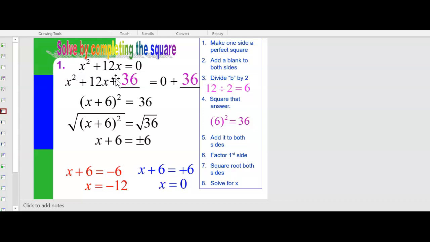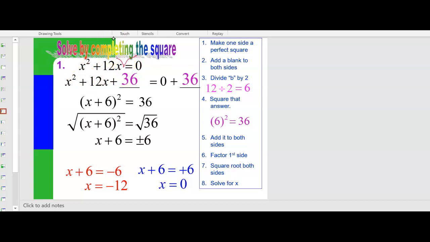Actually, we have two ways to solve it, but let's solve it by completing the square. Okay? So here to complete the square, we need three parts: x squared, x, and a single number on the back. And we need to create a single number on the back that you can make a perfect square out of the three terms, right? So what is a single number on the back?